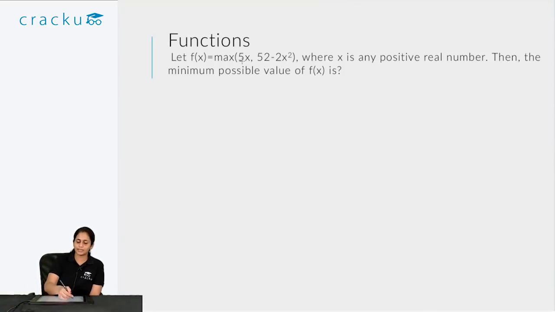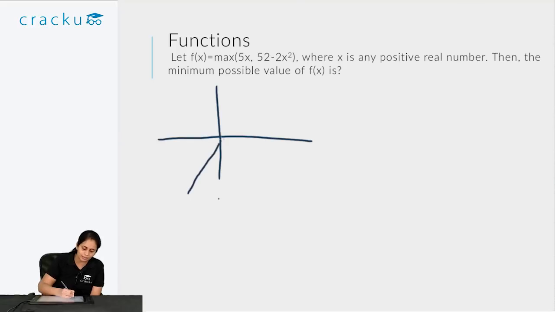So in such a case, again I will graph it. y is equal to 5x can be drawn like this. It's a line, y is equal to 5x. And what is 52 minus 2x square? This is essentially a quadratic equation. Since the coefficient of x square is negative, it will be inverted like this.